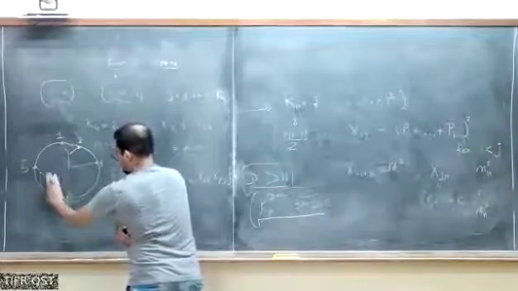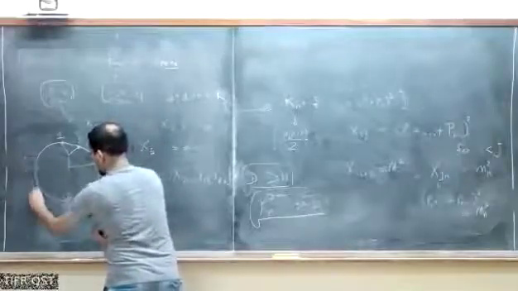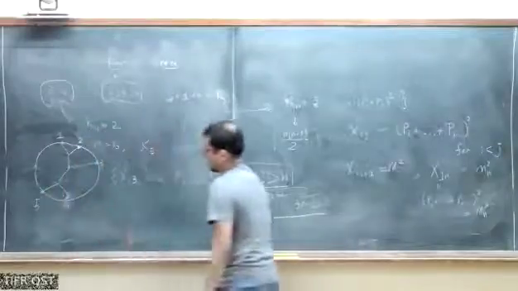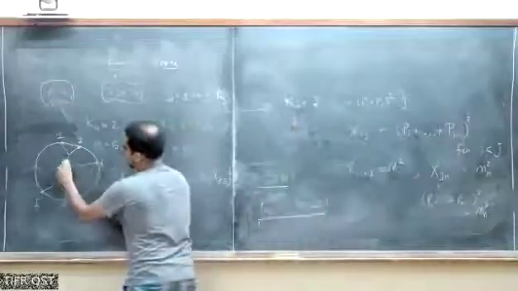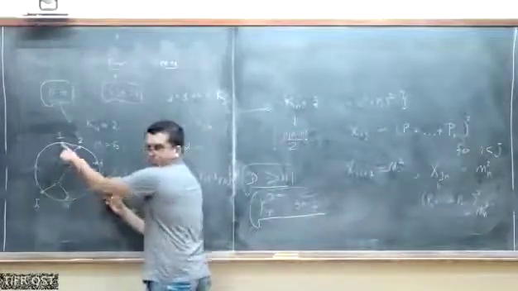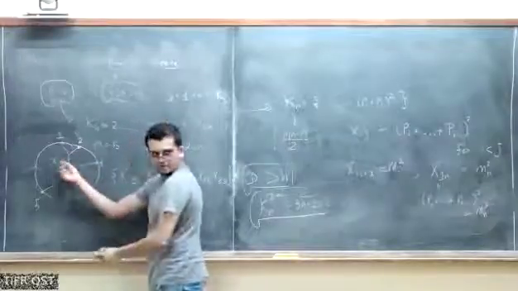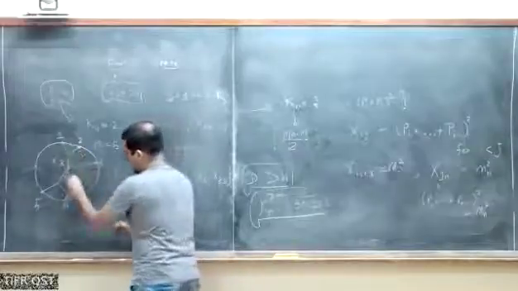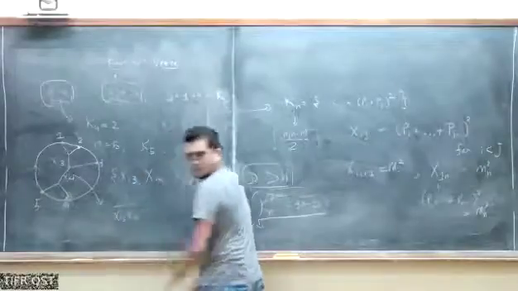Suppose I was looking at a diagram like this, then you see what the propagators are. This propagator is x13, that is, p1 plus p2 square, and this propagator is x14. So this particular channel is 1 by x13, 1 by x14.